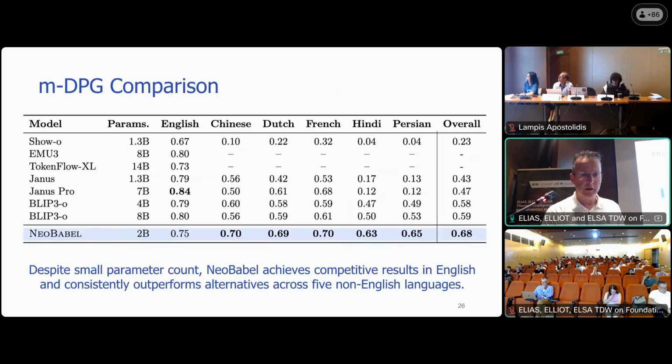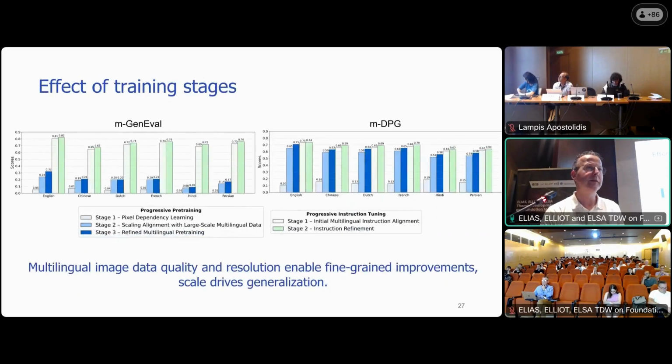Then one ablation to demonstrate the effect of the different training stages that I talked about. So the 3 stages in pre-training and the 2 in instruction tuning. We see different effects depending on the benchmark. But in all, what we can conclude is that this multilingual image data, the quality thereof and resolution enable fine-grained improvements. That is really depicted in the left plot for GenEval.